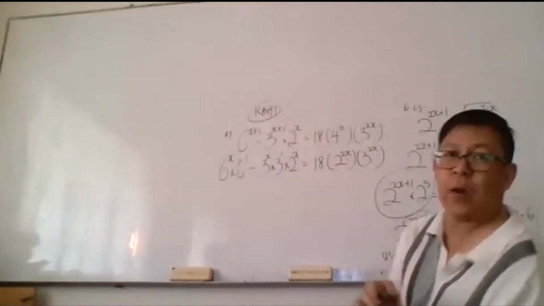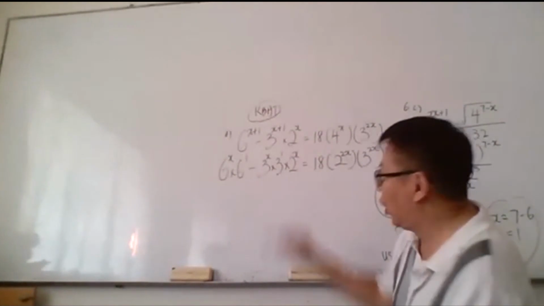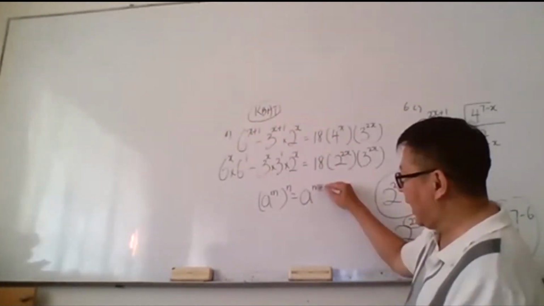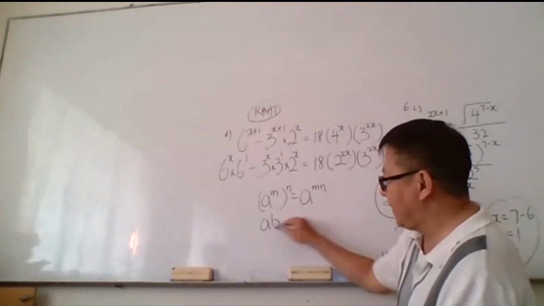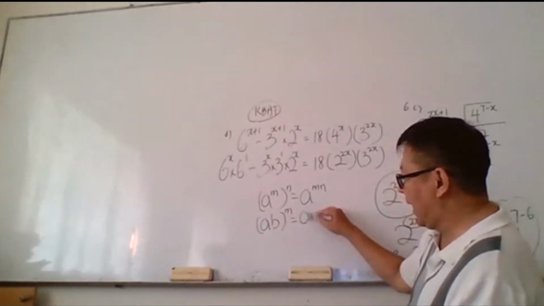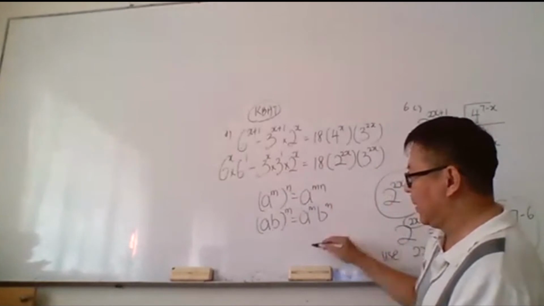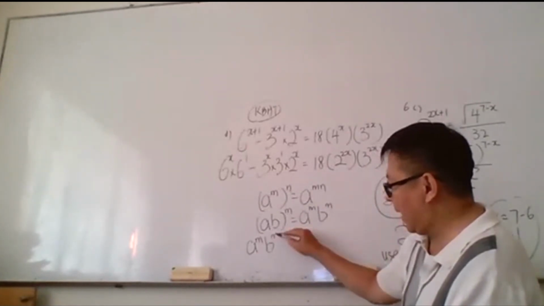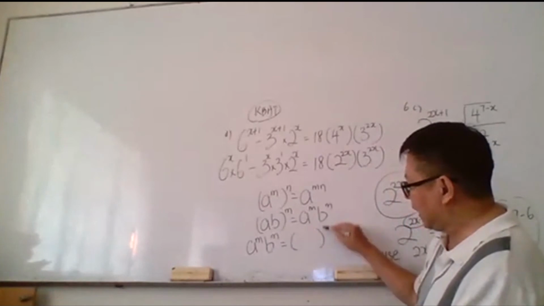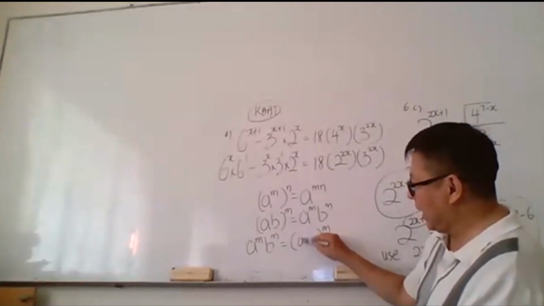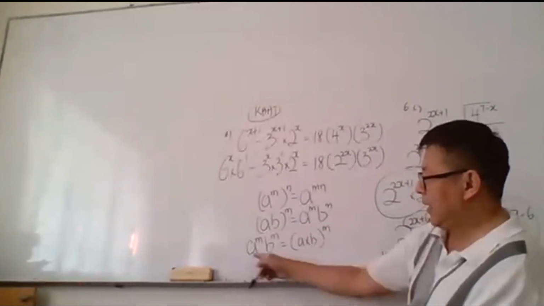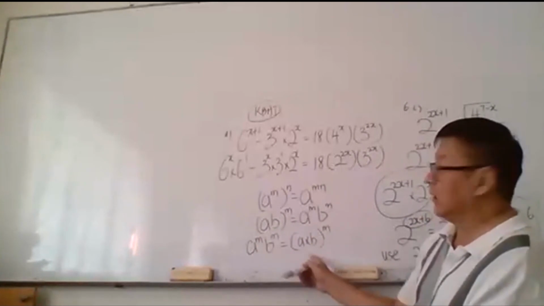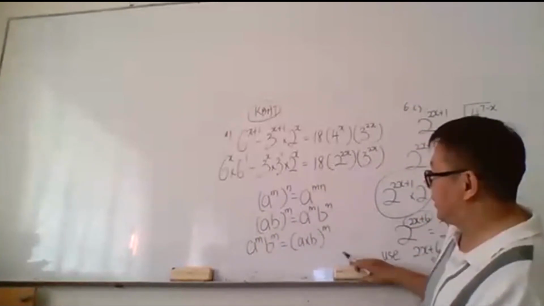But before I start, I want you to remember the power law. (a^m)^n will give us a^(mn). (ab)^m will be a^m times b^m. As I told you before, if the question gives you a^m, b^m, I can just take out the common power and put inside the bracket a times b.